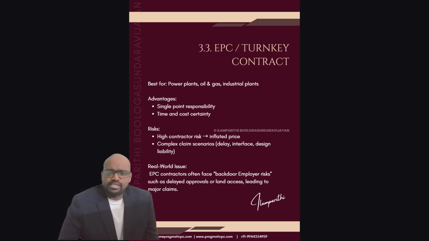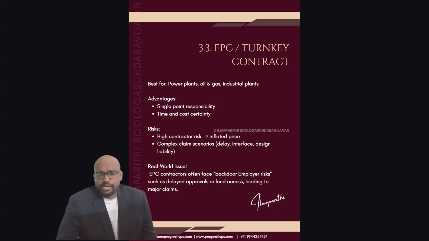Even though EPC contracts end up with many EOTs and delays, they are still controllable compared to other kinds of contracts. So what are the risks? There is high contractor risk and an inflated price, because the contractor has to keep all the contingency so that he does not end up in losses, since he is going for a lump sum.